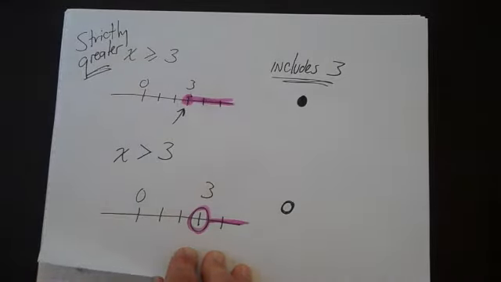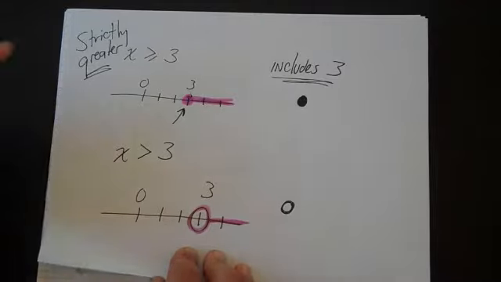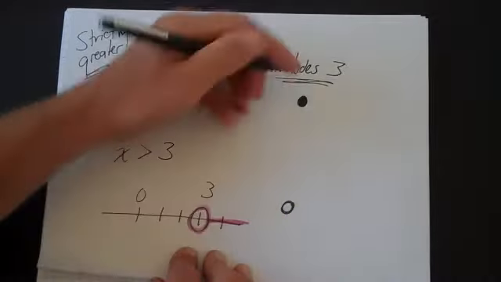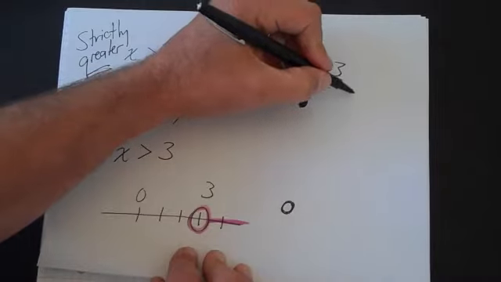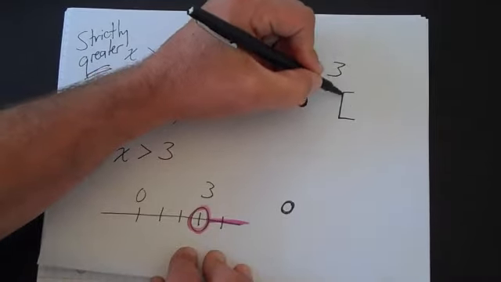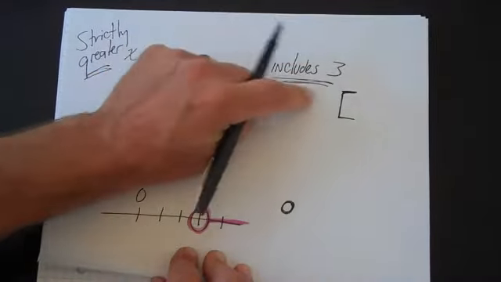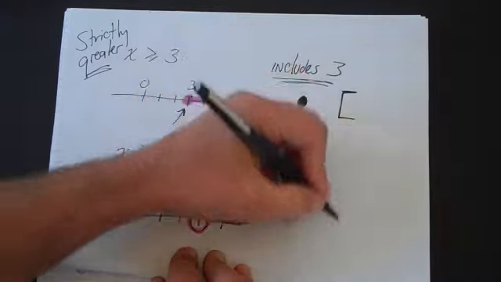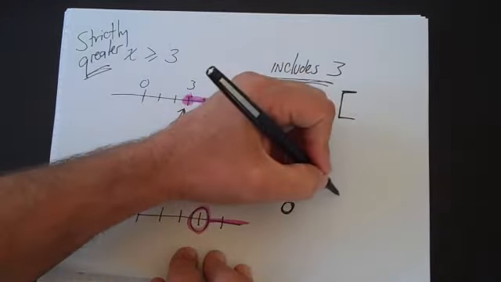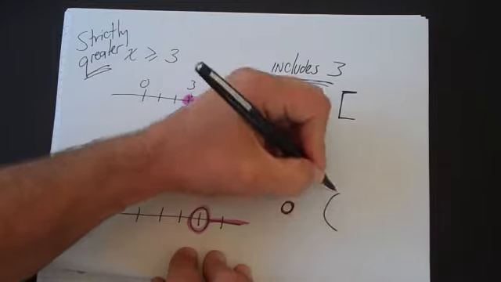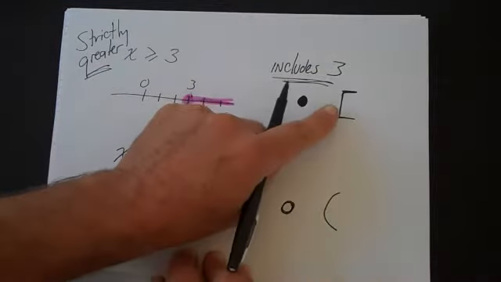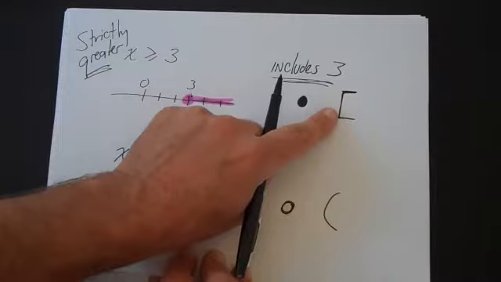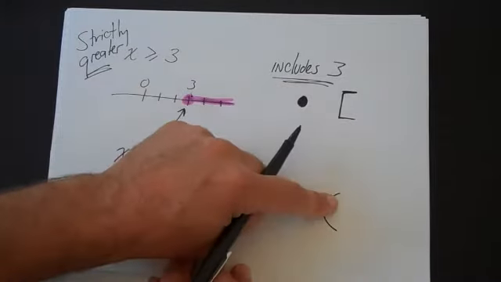What interval notation does is use not open dots and closed dots, but brackets. We're going to use a bracket, which is the equivalent of a closed dot or a closed point, and a parenthesis, which is the equivalent of an open dot. So this suggests that it includes 3 in this case, and this suggests that it doesn't.